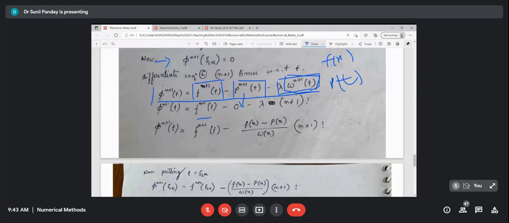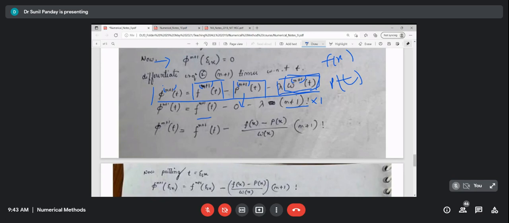We are differentiating this w(t) polynomial n plus 1 times, and we are getting n plus 1 factorial into 1 as the coefficient of t raised to power n plus 1 in the w(t) polynomial.